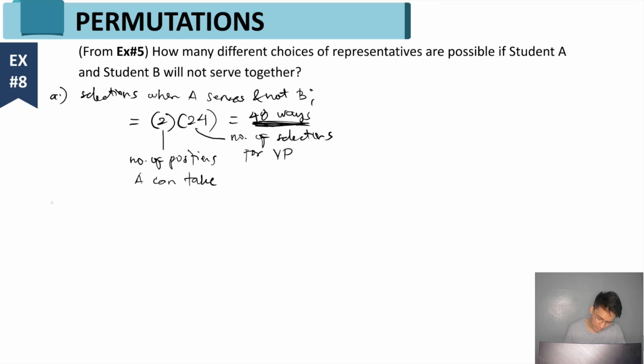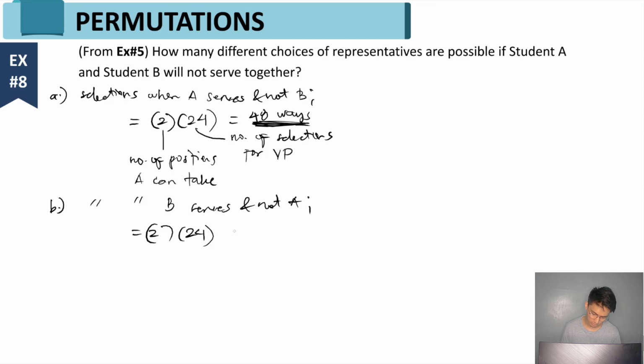Next, for situation B naman. Sa situation B, baliktad naman sila. Selections when B serves and not A. Yung A at saka B, parehong situation lang. Yun nga lang reverse A at saka si B. Ibig sabihin, parehong number of ways lang din tayo dito. So, this is 2 times 24 din. Ito yung 4B naman. And 24.